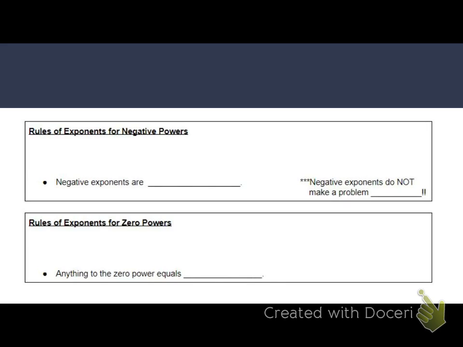The rules for exponents of negative powers tend to be one of the most challenging rules for some students. The general rule is a raised to the negative n power is equal to 1 over a to the positive n power.